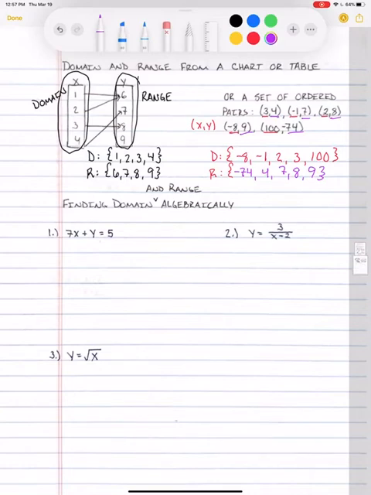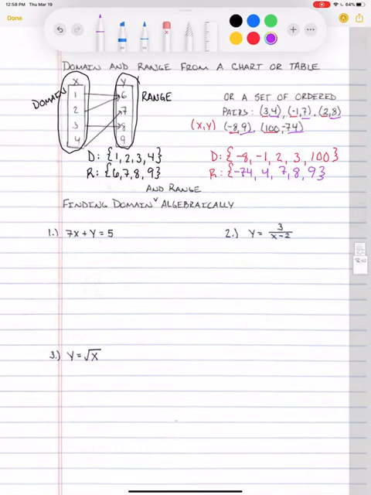Finding domain and range algebraically is where it might seem to get a little tricky. From here, all we're going to do is start with our domain, right, one thing at a time.